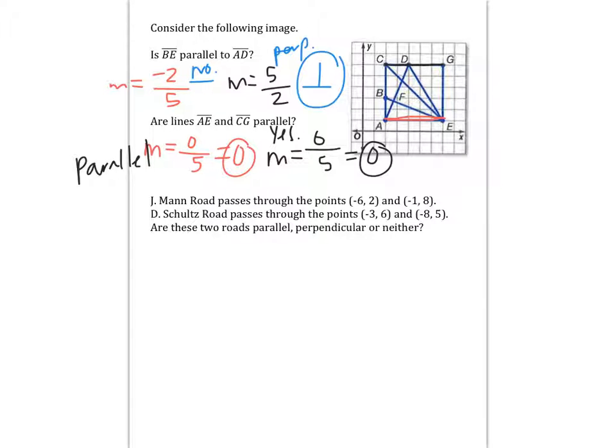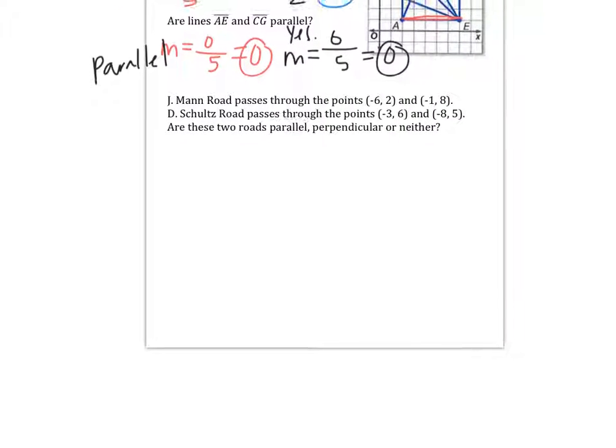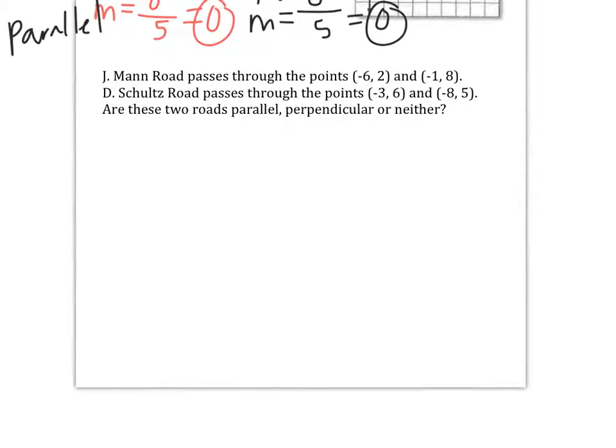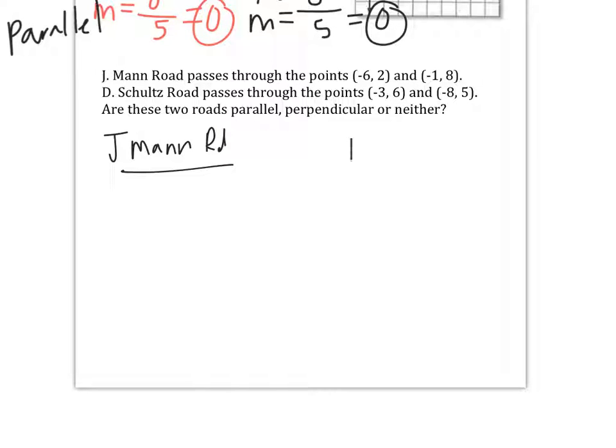Okay, let's look here at this last example. J-Man Road passes through the points -6, 2 and -1, 8. D. Schultz Road passes through the points -3, 6 and -8, 5. Are these two roads parallel, perpendicular, or neither? So I'm going to first look at finding the slope of the first road, and then the second one.